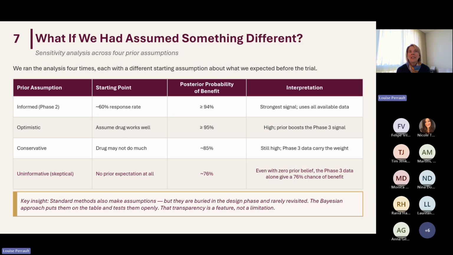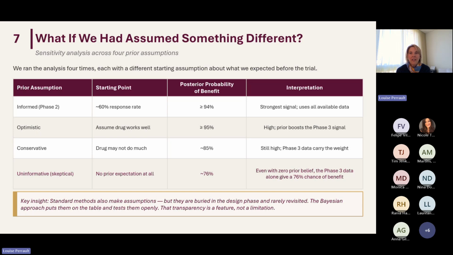The difference is that in the standard approach, all these assumptions are baked into the sample size calculation and the trial design, and these assumptions are not revisited most of the time after the trial starts.